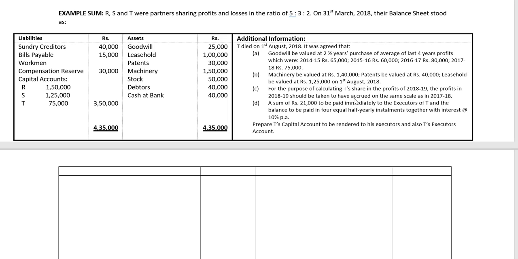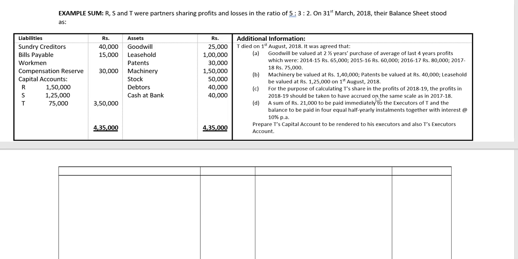Point B, machinery be valued at rupees 1,40,000, patents be valued at rupees 40,000, leasehold be valued at rupees 1,25,000 on 1st August 2018.